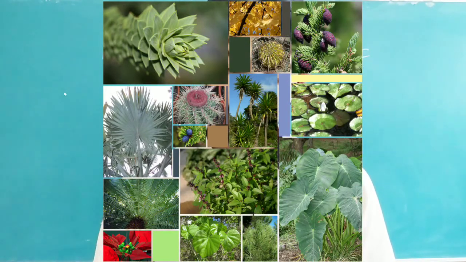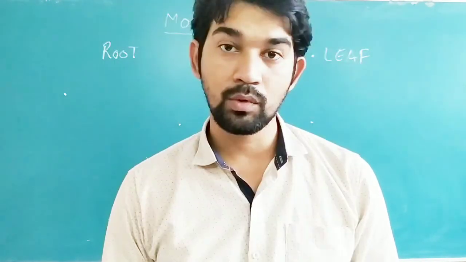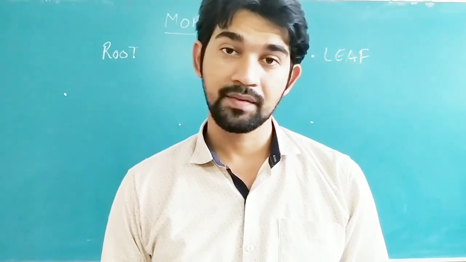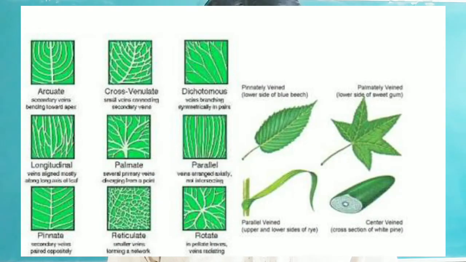And the important thing that we learn about leaves are the veins that are present on it, and it is called venation. It is the arrangement or disposition of veins and veinlets in the leaf lamina, and it's called venation.